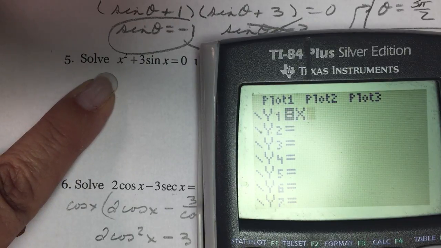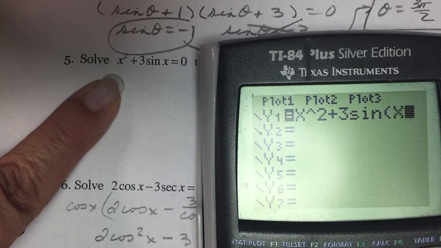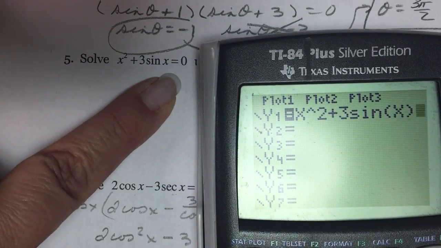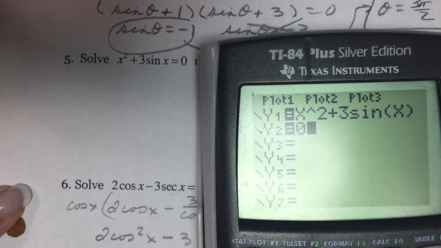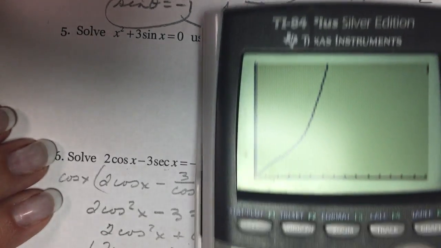So that's going to be x squared plus 3 sine x. And then you're going to plug in 0 for y2.